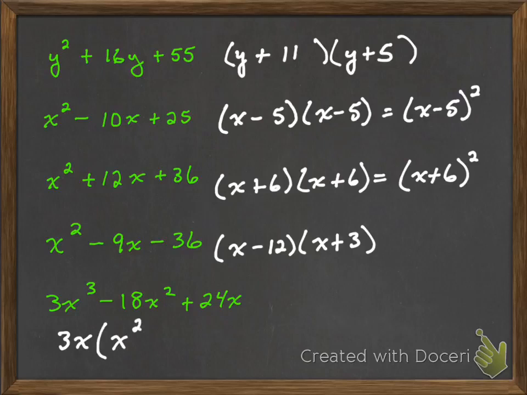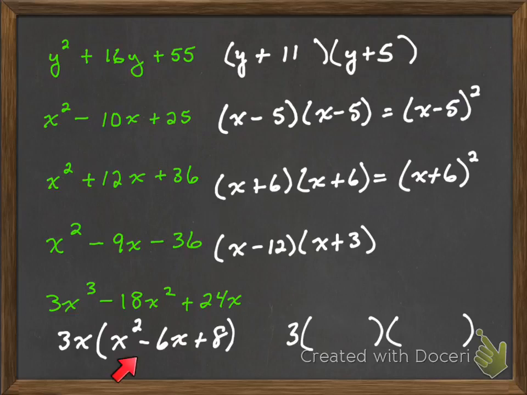That will leave us with x squared minus 6x plus 8. Now we factor what is in the parentheses. So now we're just going to look at what is in the parenthesis right here. And let me put a 3x here in front.